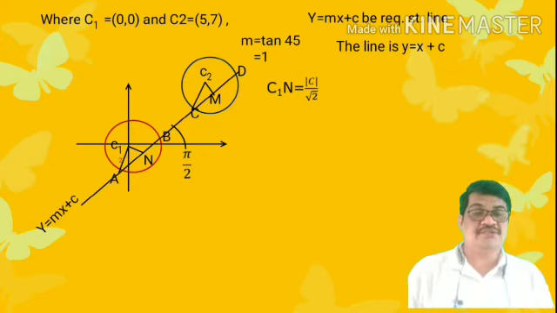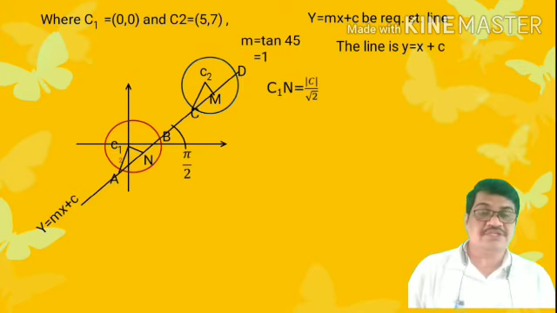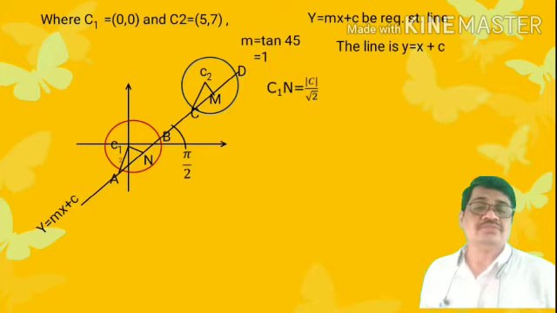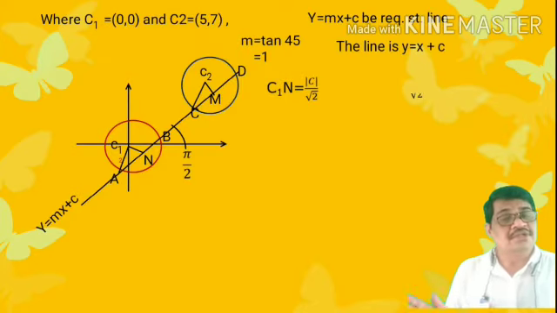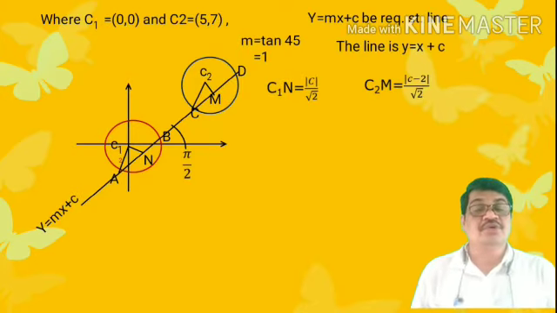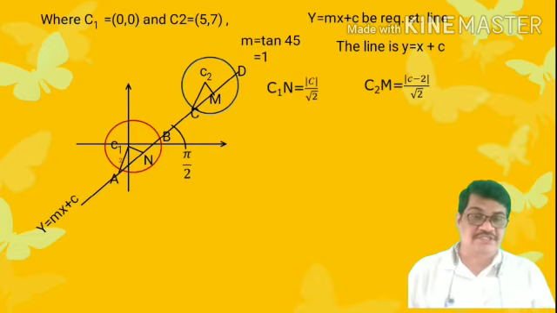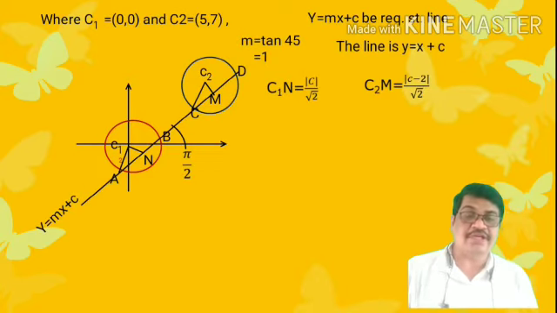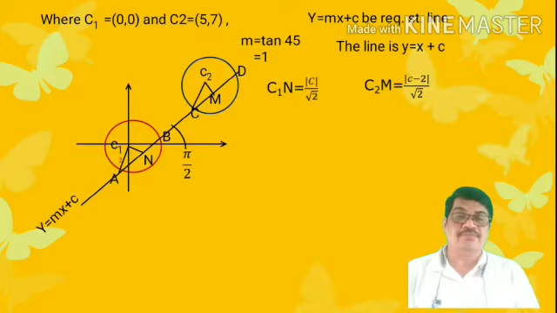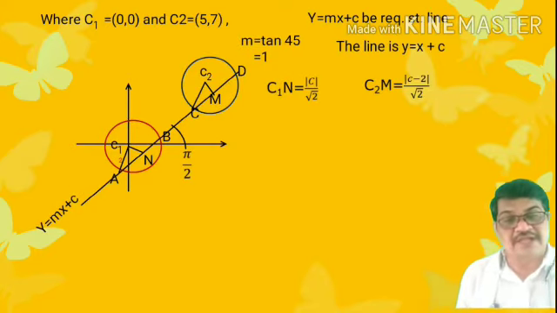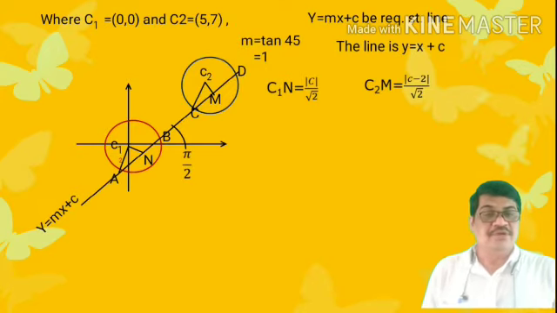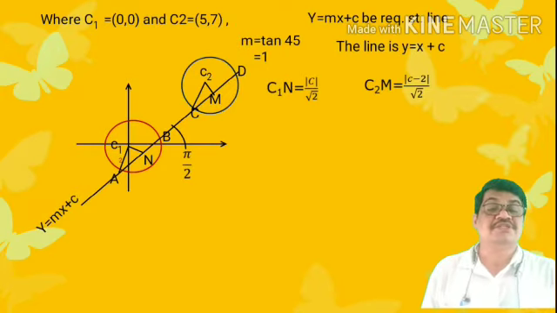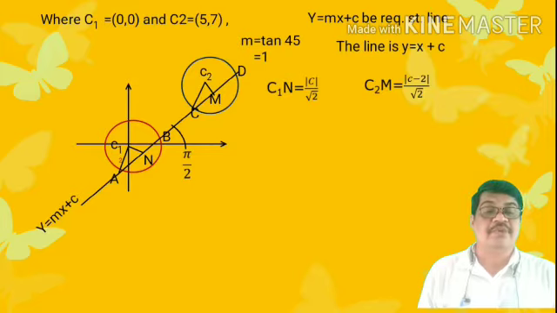That is mod c by root 2. Next we find the perpendicular distance from C2 to the line y is equal to x plus c, that is C2M. We know C2 is the center (5, 7) and the line is y is equal to x plus c. Now C2M is the distance, modulus of c minus 2 by root 2.